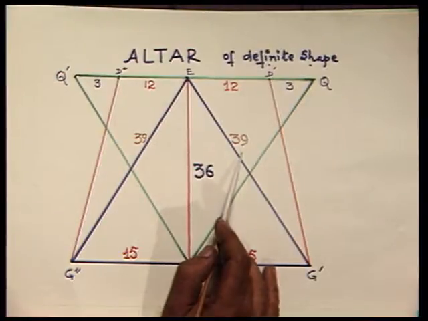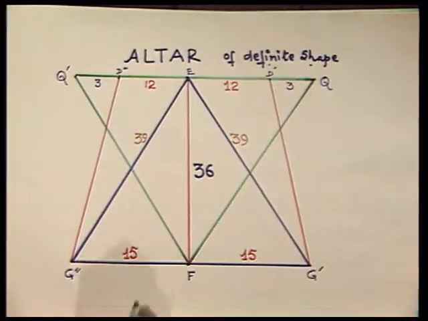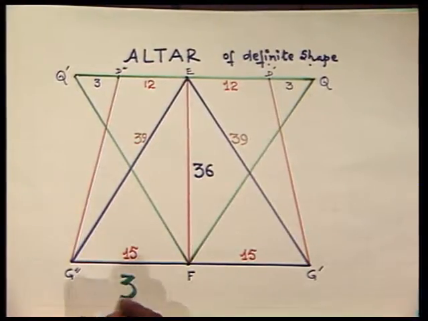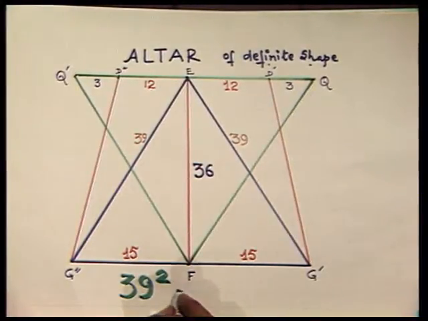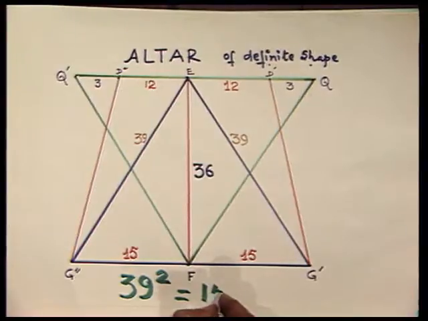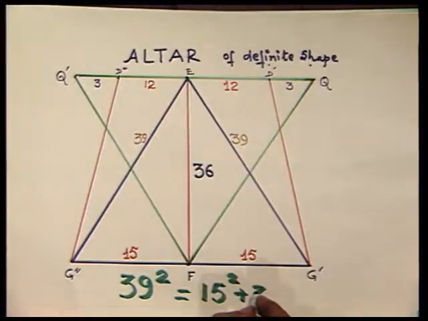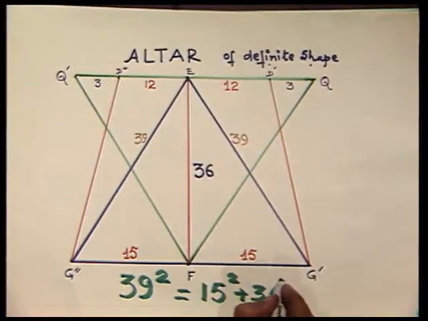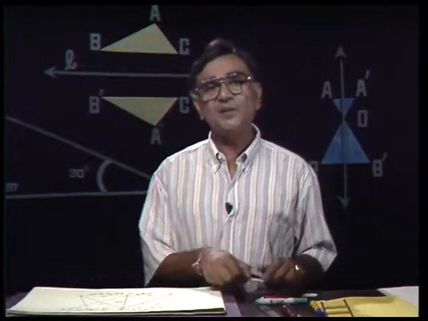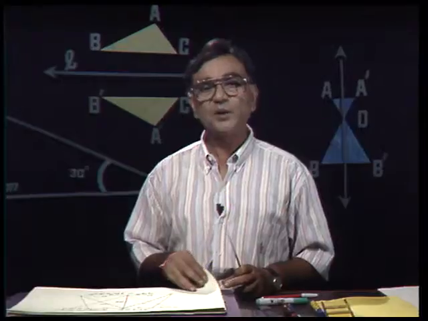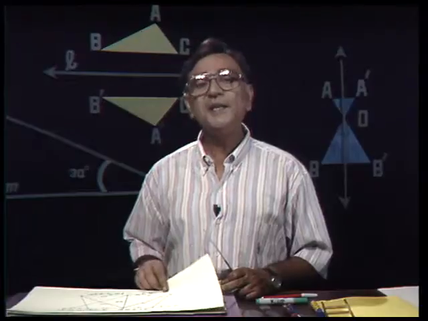And if we square 39, that will be equal to 15 square plus 36 square. So, though the credit for this Pythagoras theorem goes to Pythagoras, this was known to Indians much earlier than that.